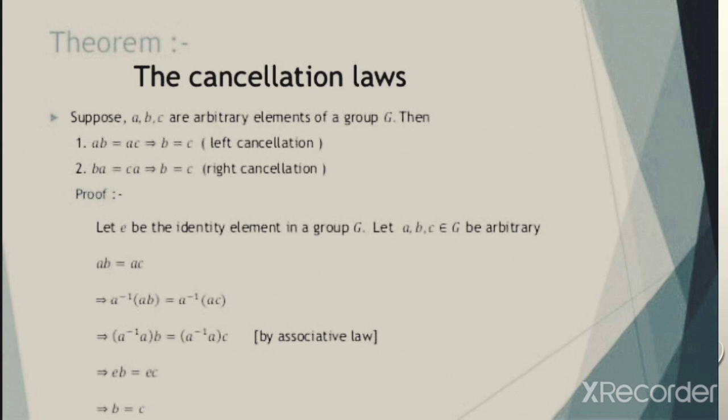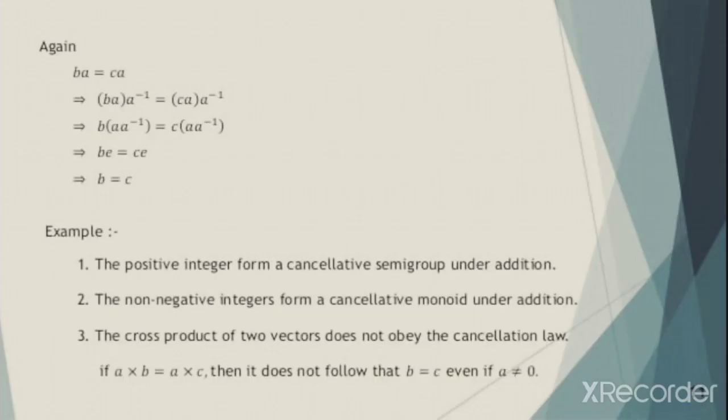We can write it as eb is equal to ec by associative law, and then b will be equal to c. Again, if ba is equal to ca, we can multiply by a inverse on both sides, so it will be ba a inverse equal to ca a inverse. We can put a and a inverse together, so it will give be equal to ce, so b will be equal to c.